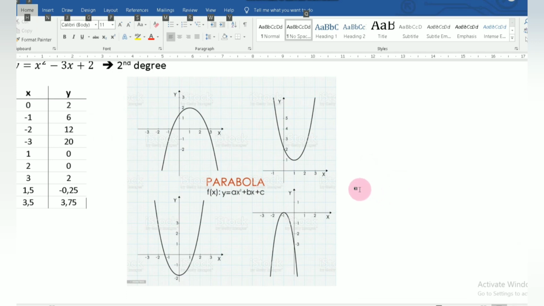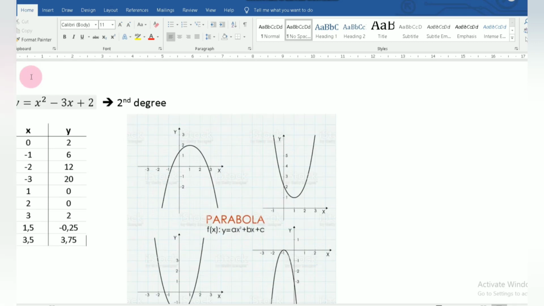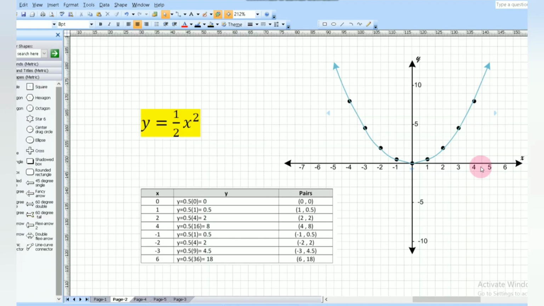And let's go now to one more example. Of course, I haven't presented the graph of this one, I'm just showing you the table of pairs. Let me show you one simple example of a quadratic function: y equals half of x squared.